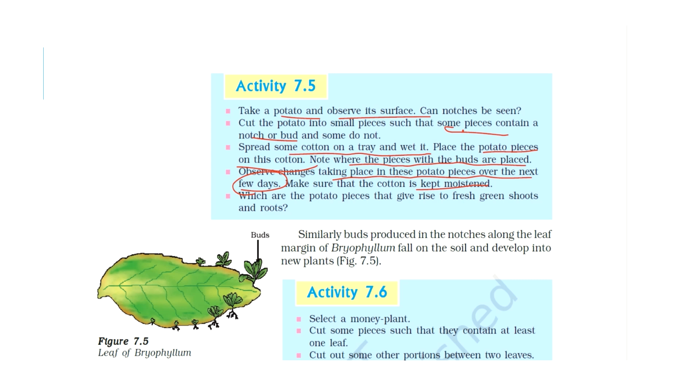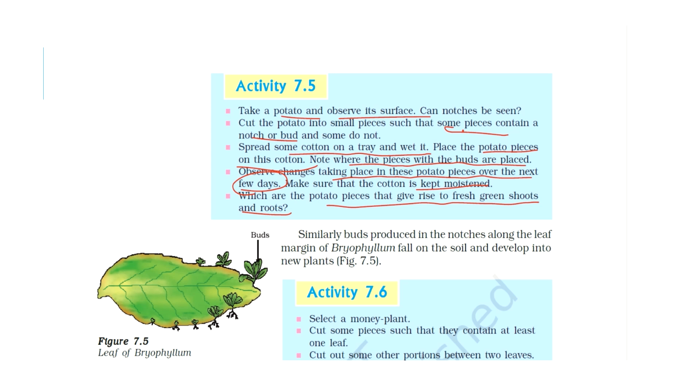It should not be dry, because water is a necessary condition for the development of a new plant or bud. Which are the potato pieces that give rise to fresh green shoots and roots? You can make that out.